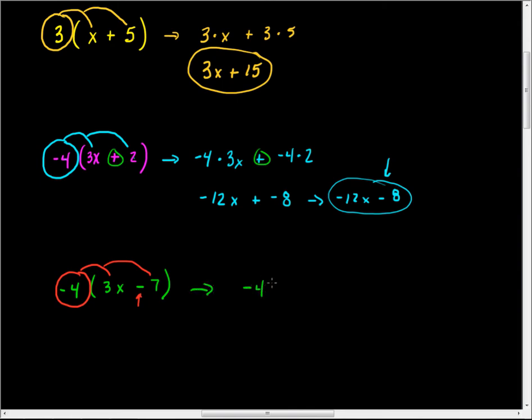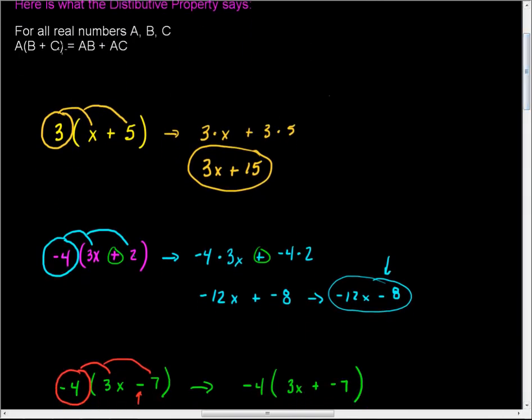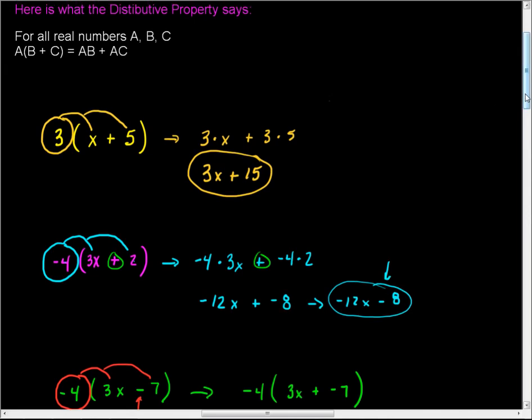We have our negative 4, and then we have our 3x in here, and that's okay. We know how to work with that. But we're going to change this subtracting 7 to adding a negative 7. Now we're adding a negative number. Remember, these numbers can be any real number. So c can be negative, that's fine. And now we can proceed.